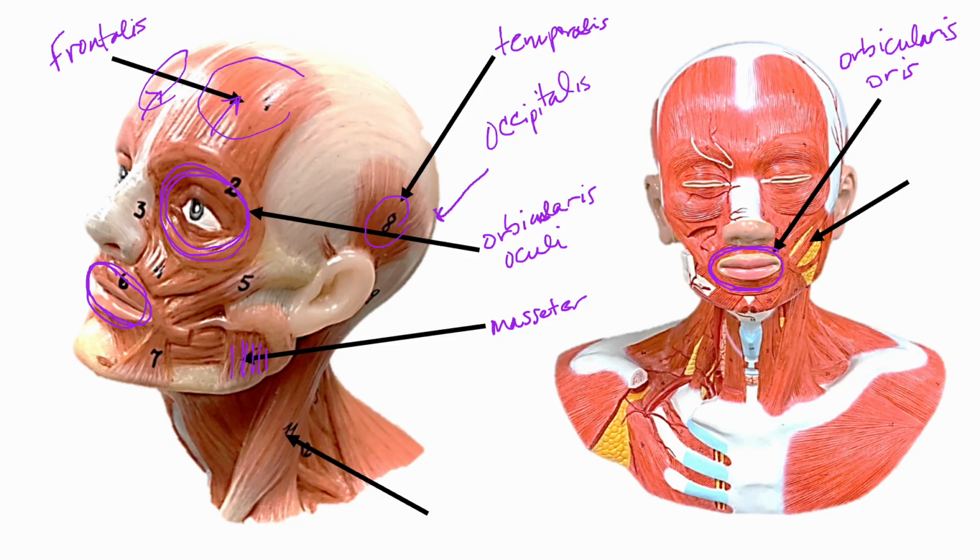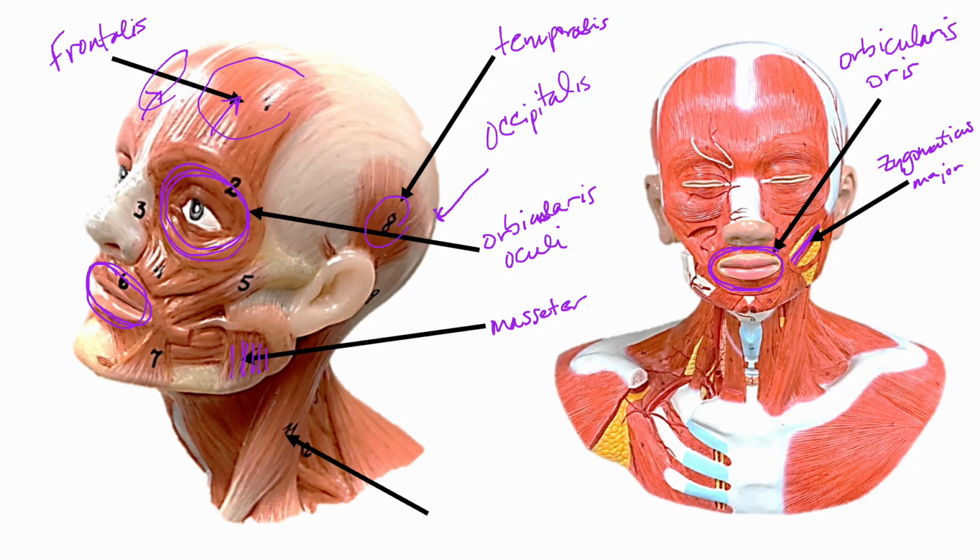Okay, let's see. I think we have 2 muscles left. So let's do this other muscle on the face. So this, where the arrow is pointing right here to this muscle. So this has an attachment to the zygomatic bone. So this is the zygomaticus. And this is the zygomaticus major. There's a minor, which we're not going to require you to look at.